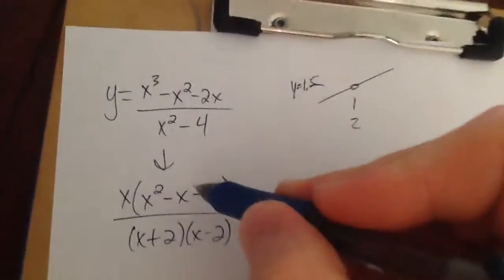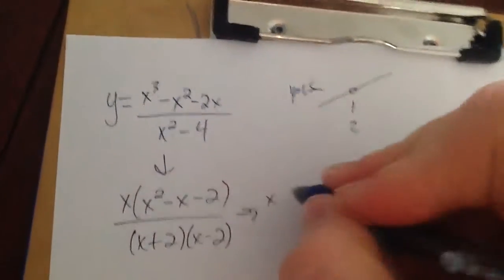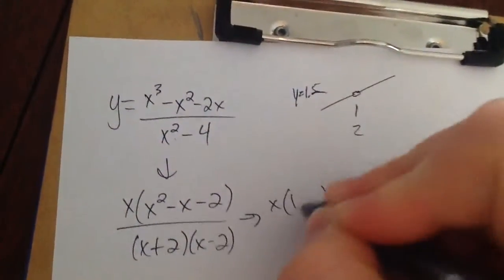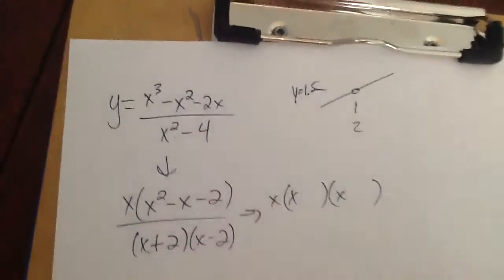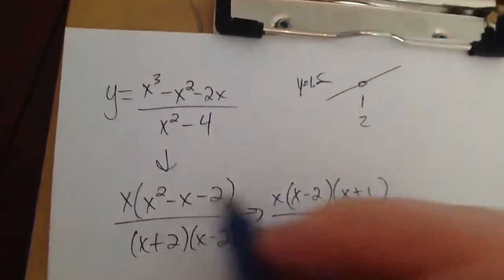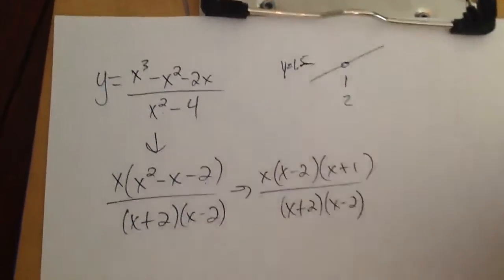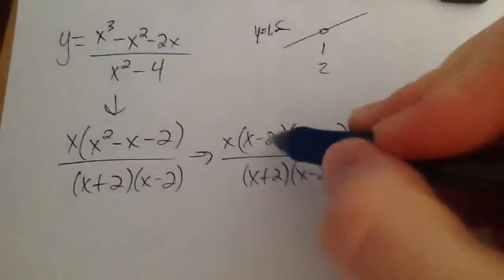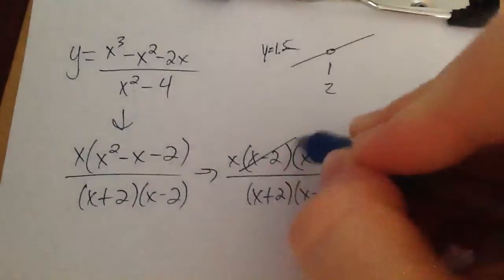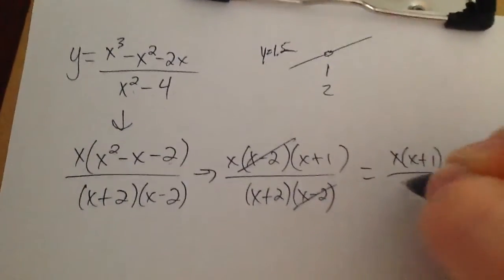On top, hopefully that's still factorable. x and x, multiply to negative 2, add to negative 1. I think that's negative 2 plus 1. And on bottom, we still have x plus 2, x minus 2. Hallelujah, look what happened. The x minus 2's cancel, and I'm left with x times x plus 1 over x plus 2.